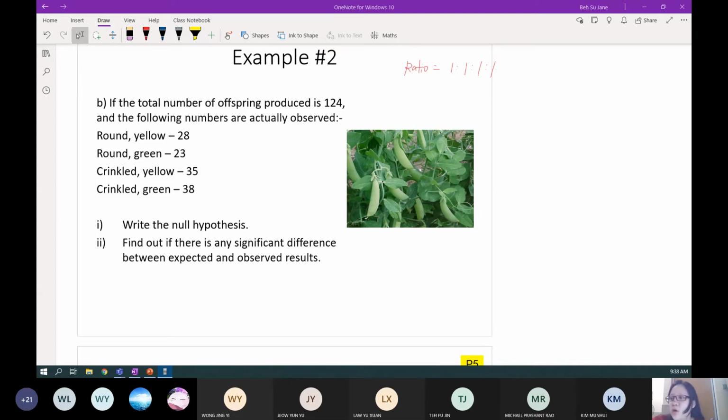Man, I haven't used my pen for so long, it started drying up.